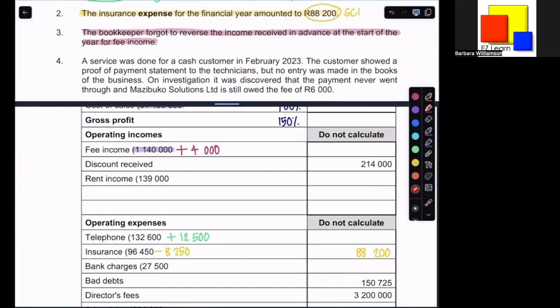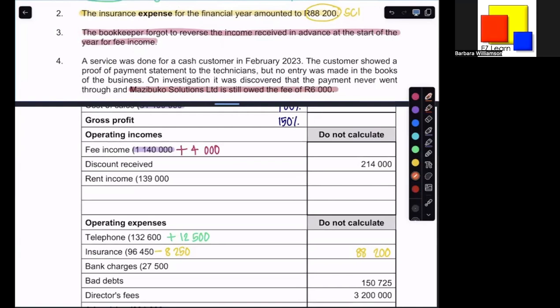Number 4. A service was done for a cash customer in February 2023. The customer showed a proof of payment statement to the technicians, but no entry was made in the books of the business. On investigation, it was discovered that the payment never went through, and Mazibuko Solutions is still owed the fee of 6,000.